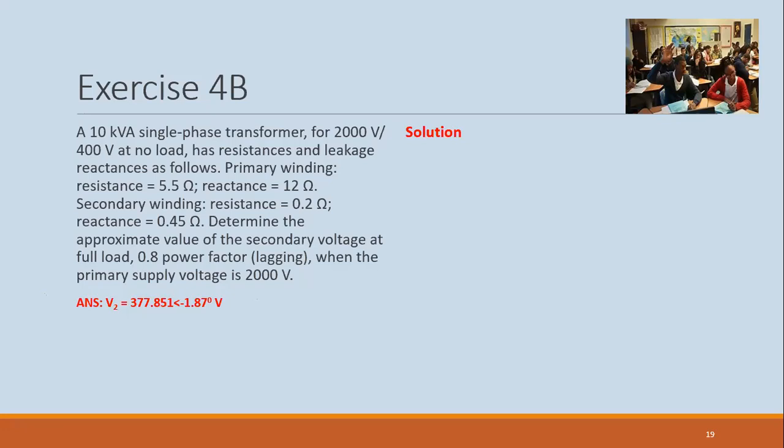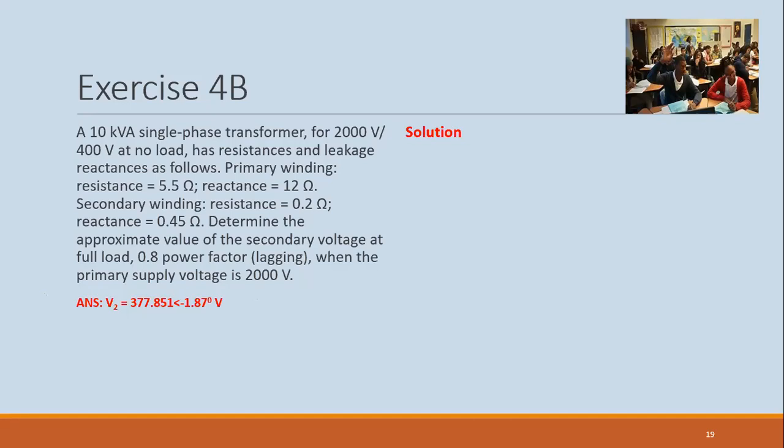All right, so the question says that we have a 10 kVA single phase transformer, which has a voltage V1 of 2000 volts and V2 of 400 volts at no load. And it has resistance and leakage reactances as follows. Primary winding resistance is equal to 5.5 ohm and the reactance is equal to 12 ohm.